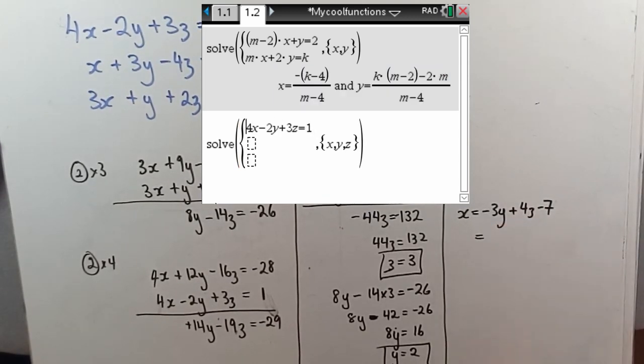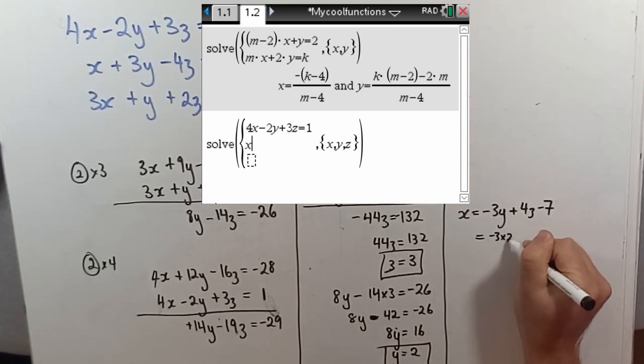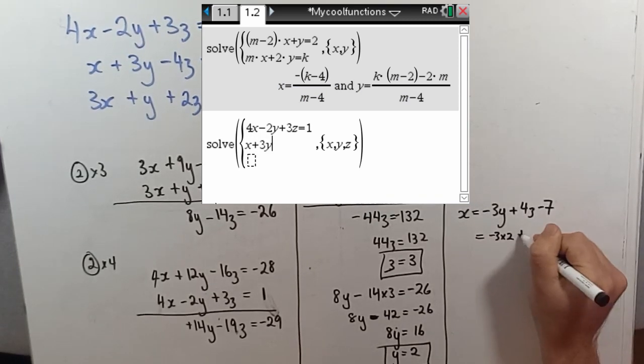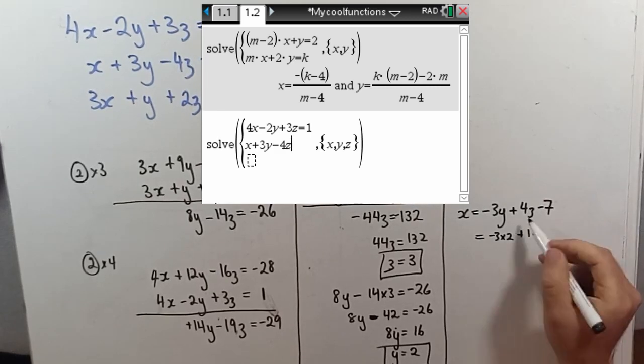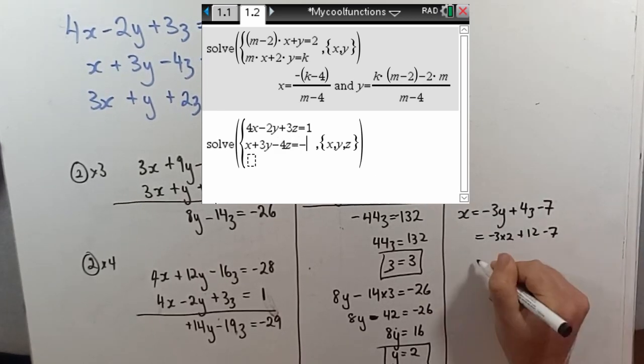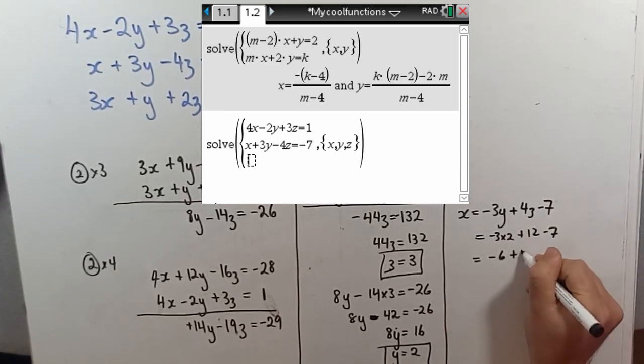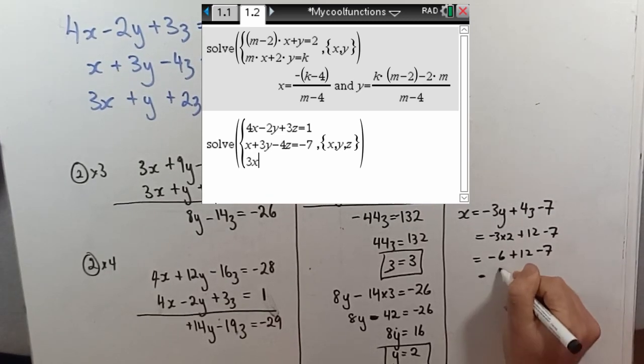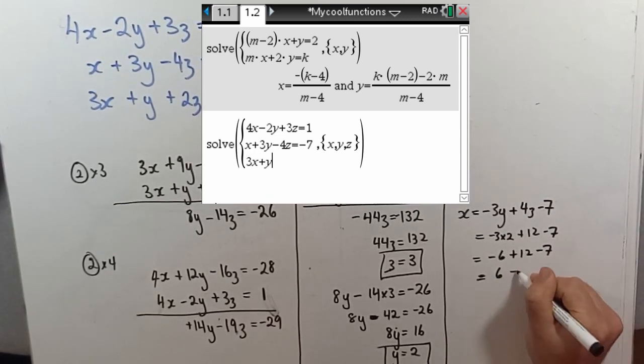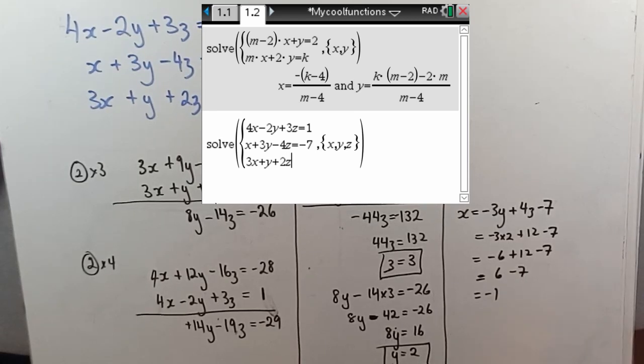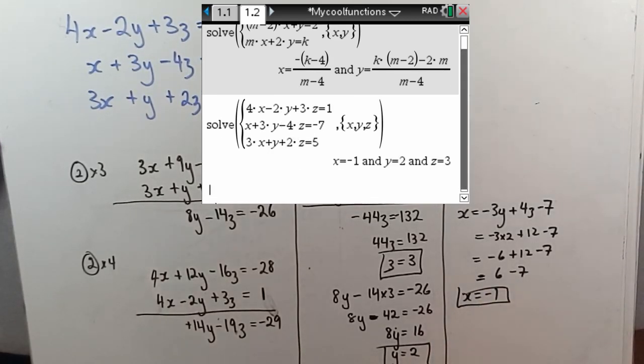So negative 3 times 2, because y is 2, plus 4 times 3, minus 7. What's that? Minus 6 plus 12 minus 7 gives me 6 minus 7, which is negative 1. Okay, so we've got x equals negative 1. Excellent. And that's it.